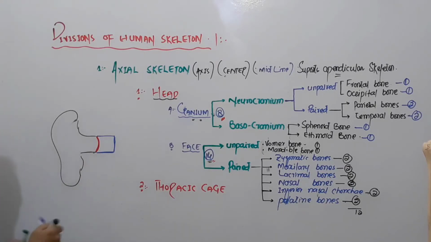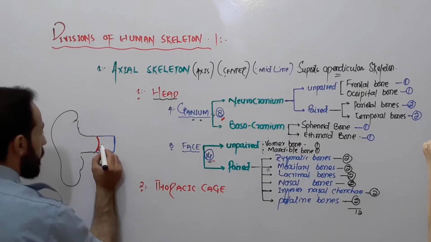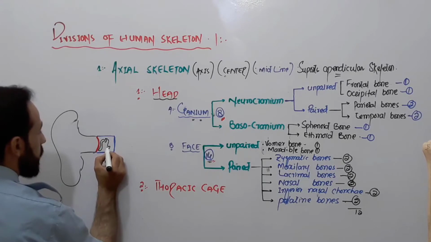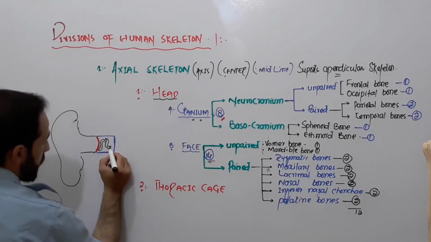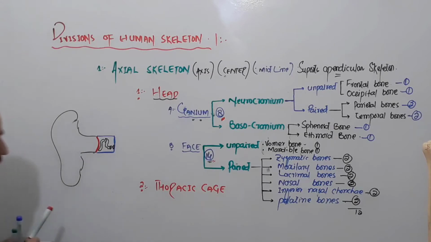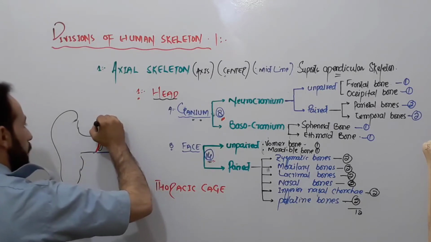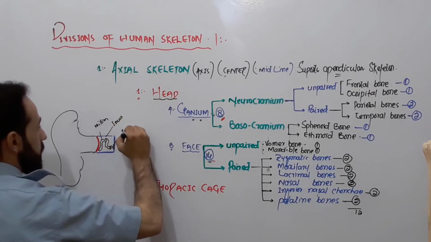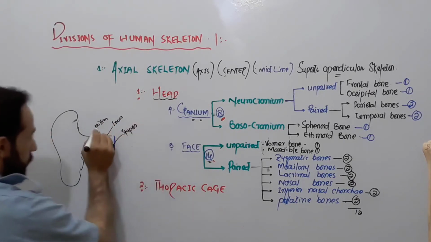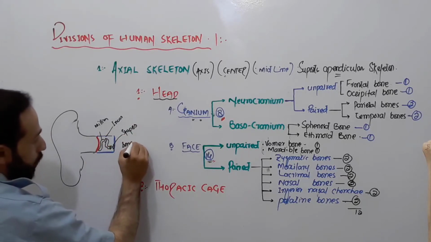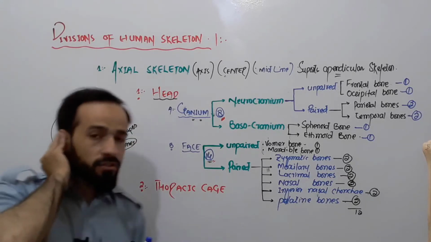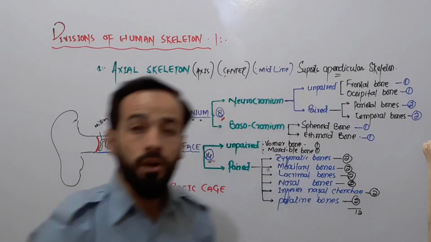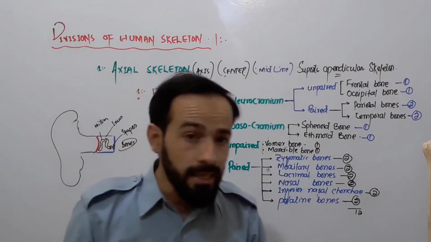This is called the middle ear, and inside the middle ear you have 3 small ossicles like this, right? So this is malleus, incus, and this is stapes, right? So these 3 are also bones, right? So we have 3 small bones in the right ear and 3 small bones in the left ear. So how many total? 6 bones in your ear, right?